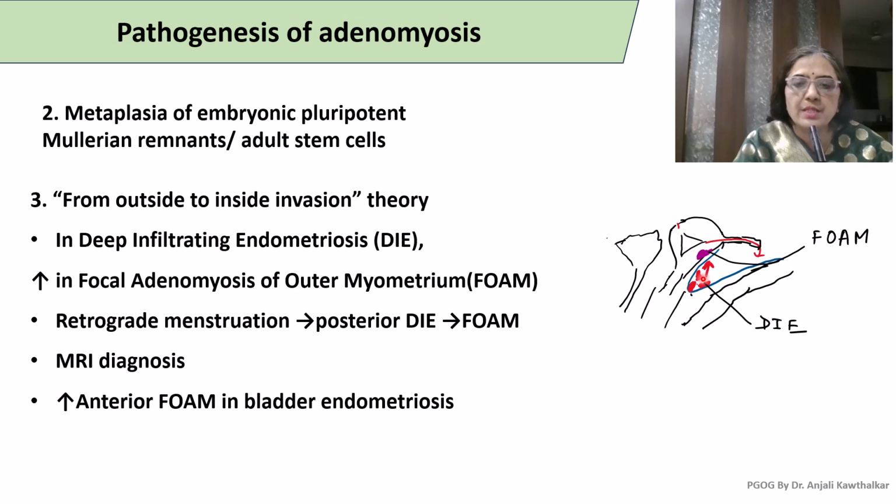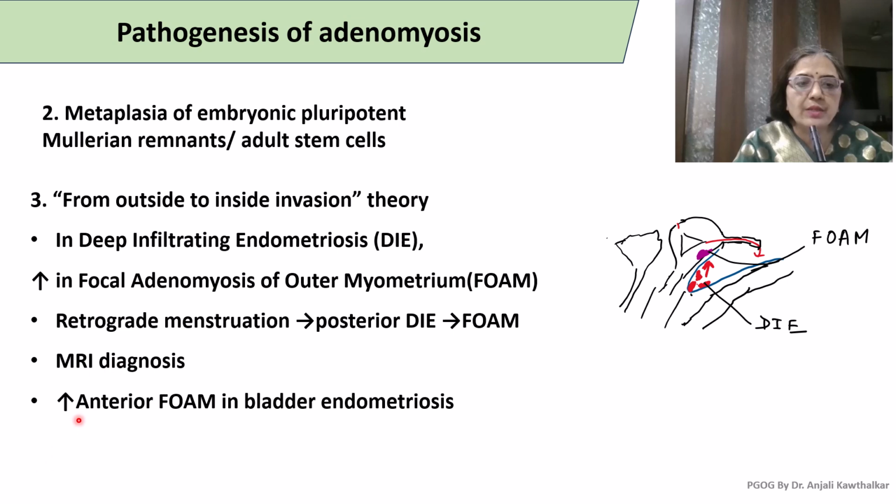These endometrial cells and stroma are invading the serosal surface of the uterus and entering into the outer myometrium, leading to the development of focal adenomyosis of outer myometrium, or FOAM. So there is a retrograde menstruation, there is posterior deep infiltrating endometriosis, and then there is a development of this focal adenomyosis of outer myometrium. It is an MRI diagnosis.